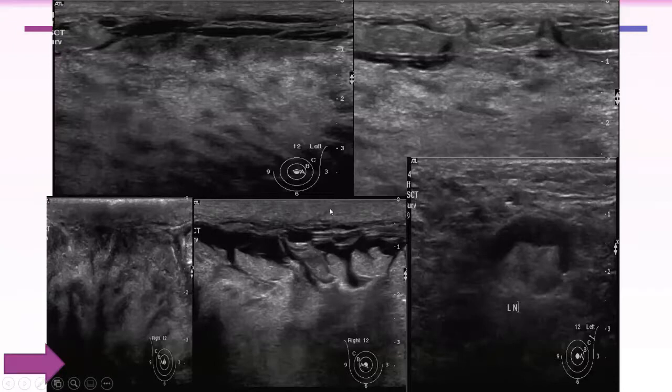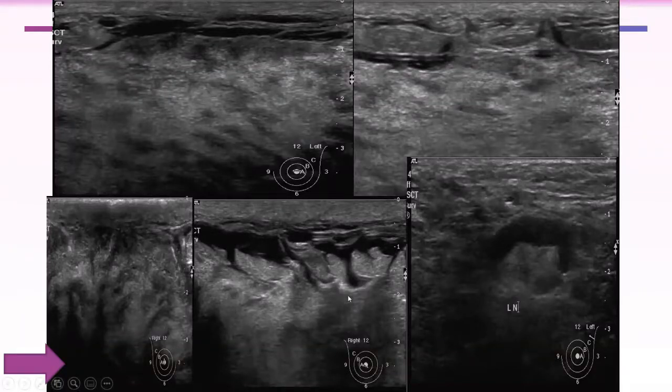The skin is thickened. Okay, and below the skin, these are subcutaneous vessels, subcutaneous lymphatics. So the subcutaneous lymphatics are dilated, also engorged. And below which, what are these?